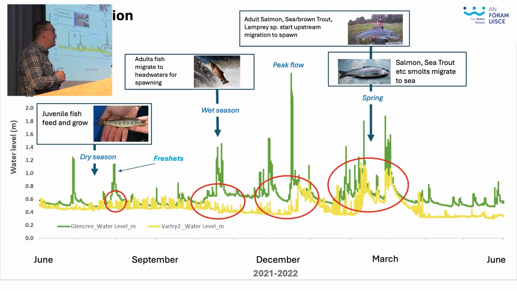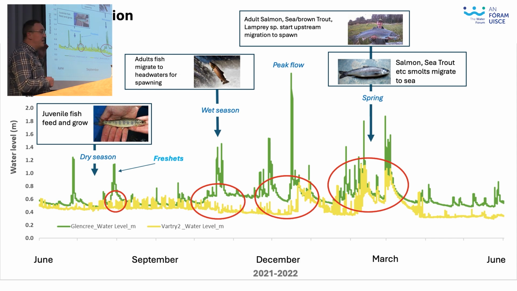Okay, another pressure we find that's common in our landscape is flow regulation. Flow regulation occurs where we have dams or reservoirs at the top of river systems, and that usually results in less water in the river and less water when certain species need it. So I'm going to use this graph here to try and illustrate some of that.